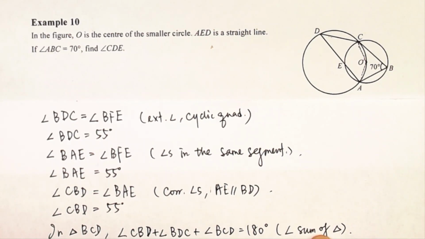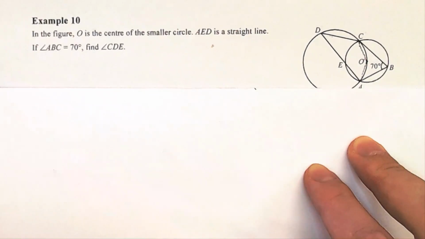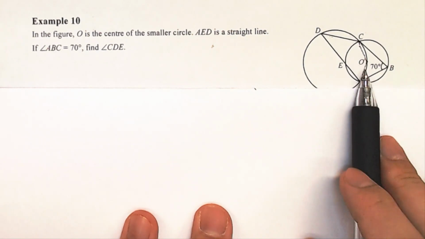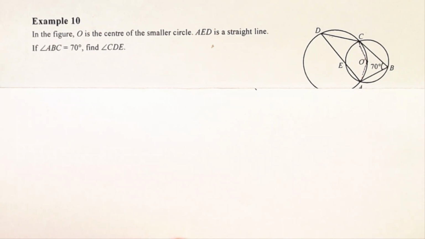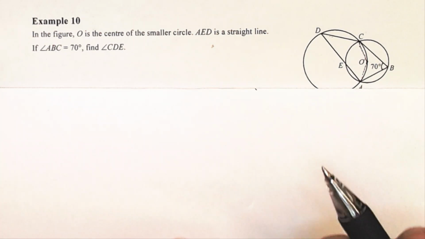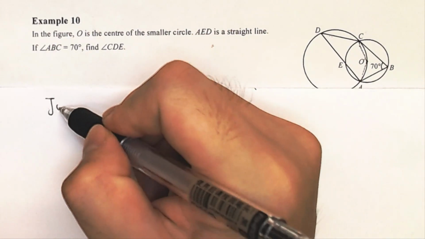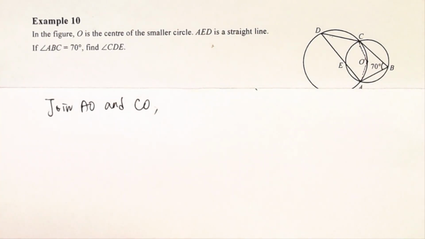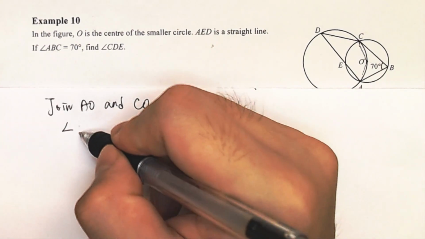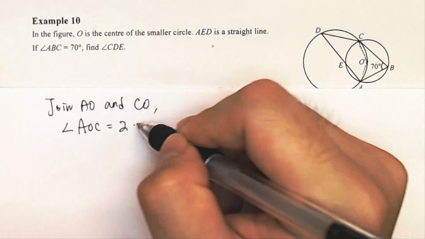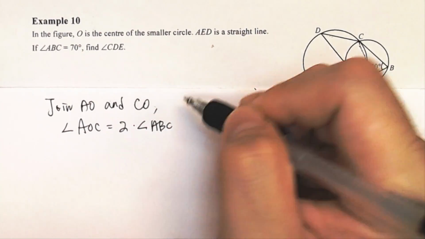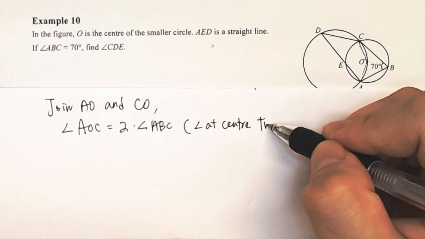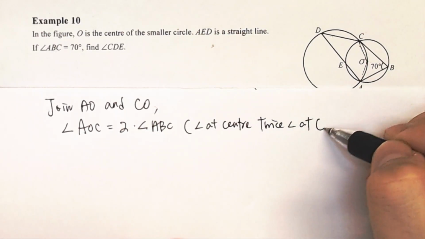So you can complete this question by considering these two things. Okay, let's work it out. For the lines AO and CO, you can say in your solution that you join AO and CO, and then you have angle AOC equals 2 times angle ABC, angle at center twice angle at circumference.